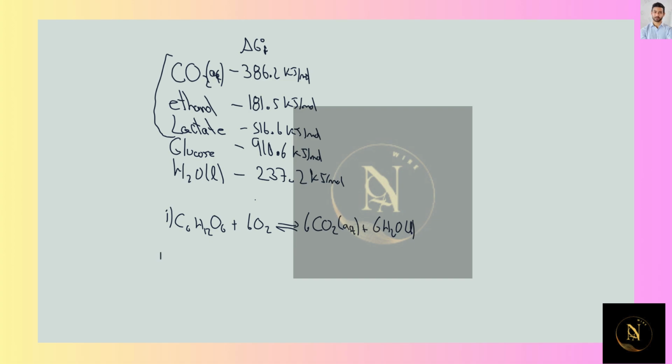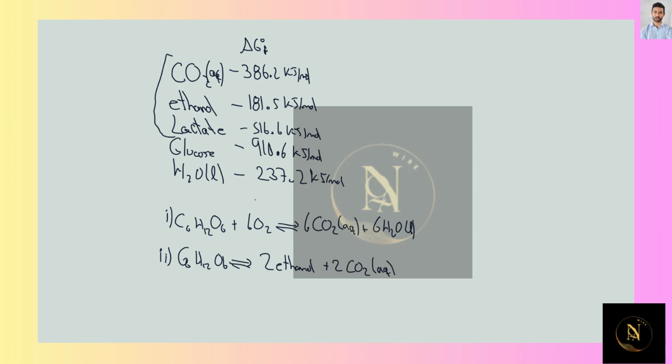The second reaction that we're going to employ here is the decomposition of glucose, C6H12O6, in equilibrium with 2 molecules of ethanol. I'm going to abbreviate ethanol for now, and write down the full formula over here, plus 2 CO2 in aqueous media.